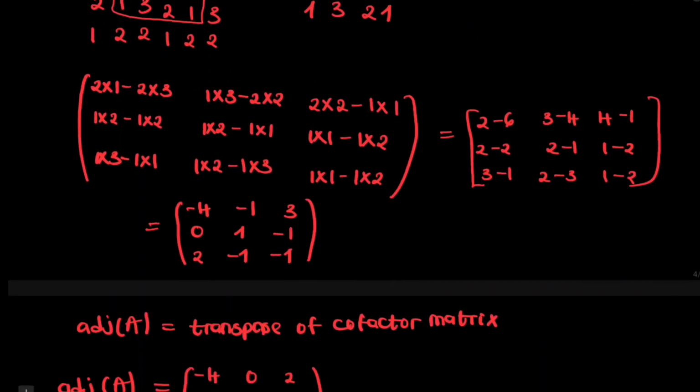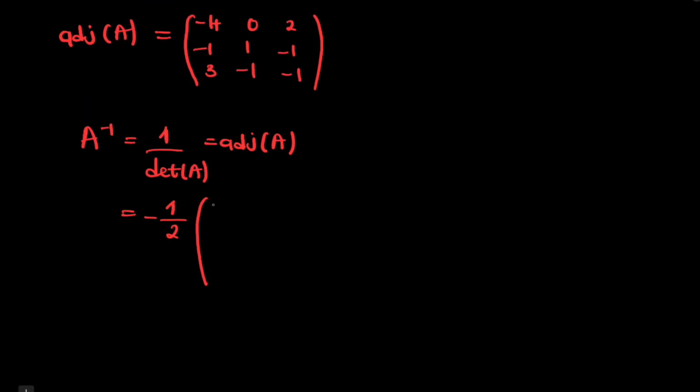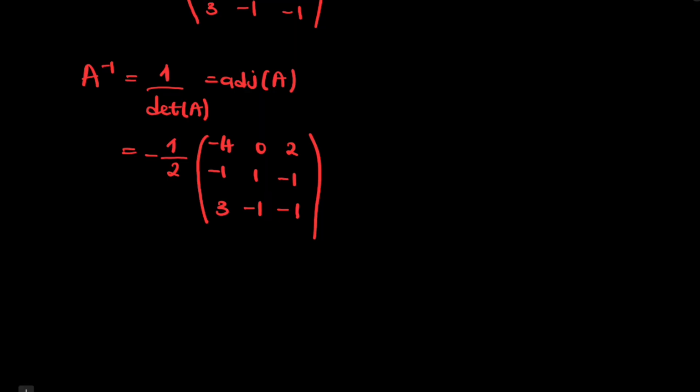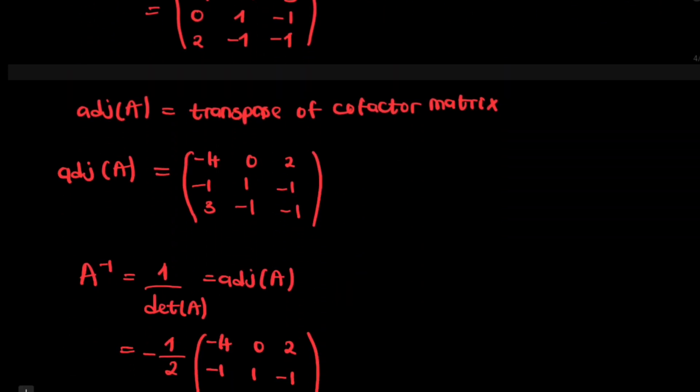Our determinant was minus 2. So we have minus half times minus 4, 0, 2, minus 1, 1, minus 1, and 3, minus 1, minus 1. So this takes us to the next step, step 4.